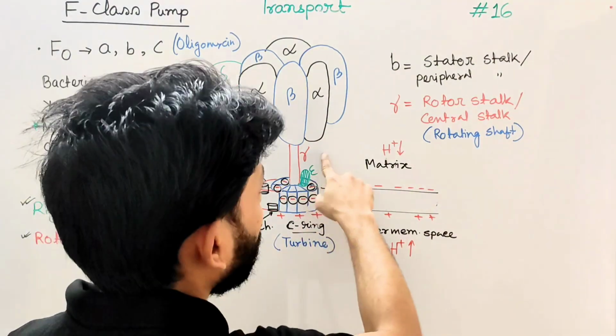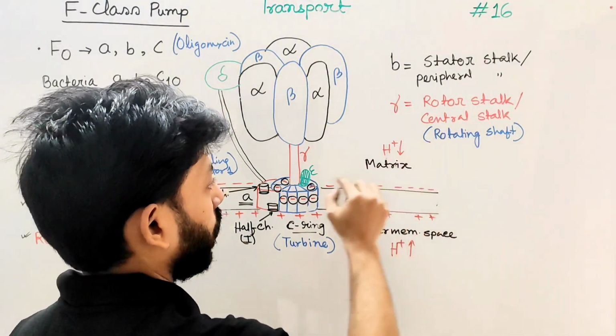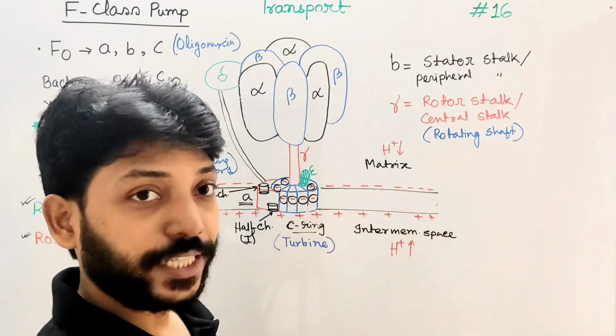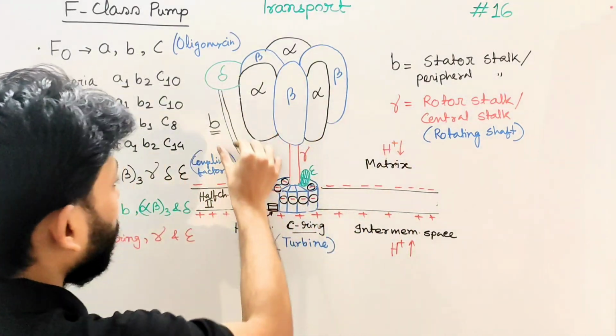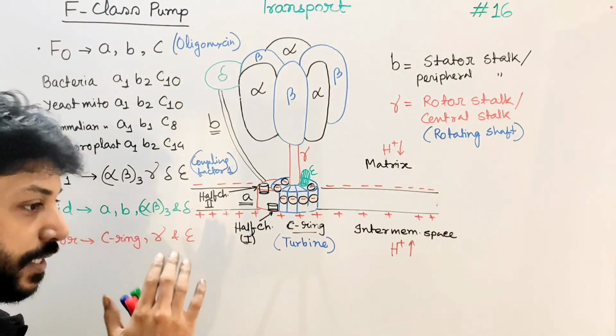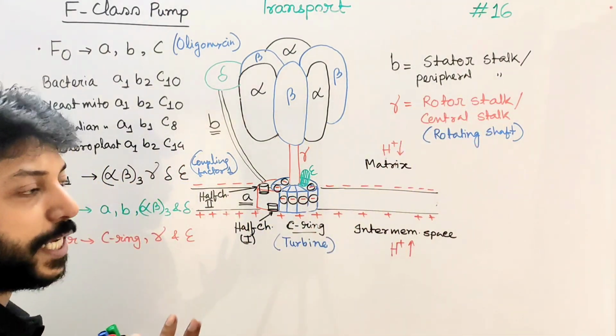Now the gamma rod is actually called the rotor stalk or central stalk. We also call it the rotating shaft, like the gear. And this B subunit is called the stator stalk. That means stator is static, not rotating, or peripheral stalk. You can remember any of these.